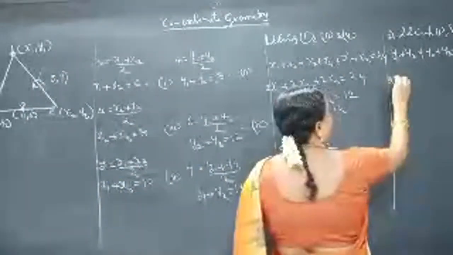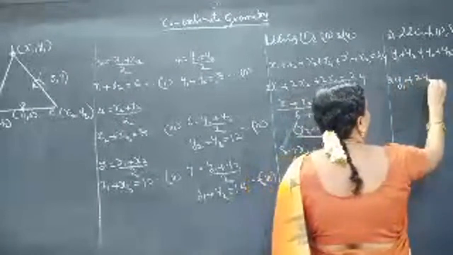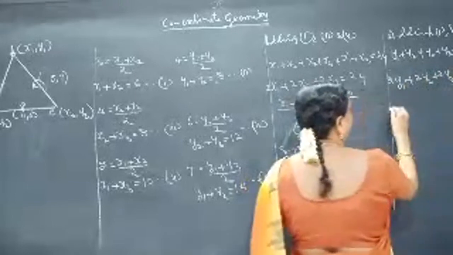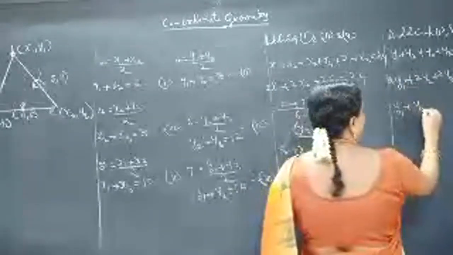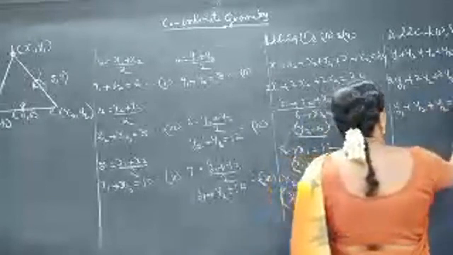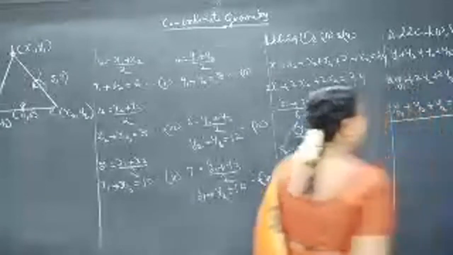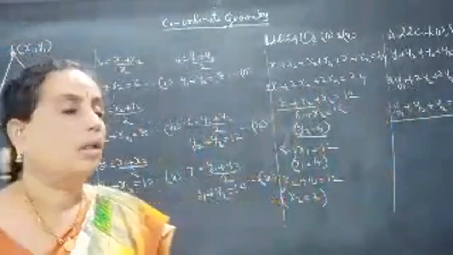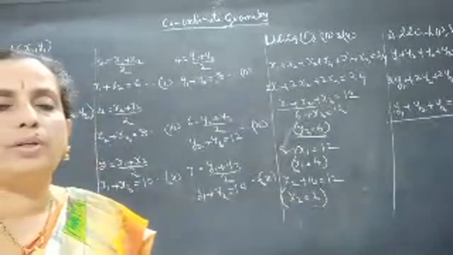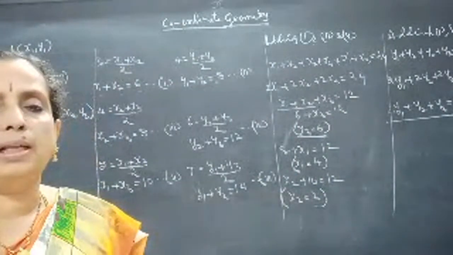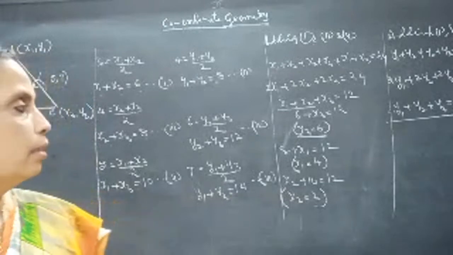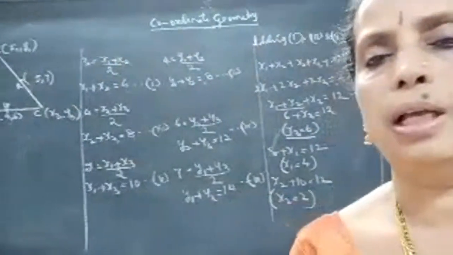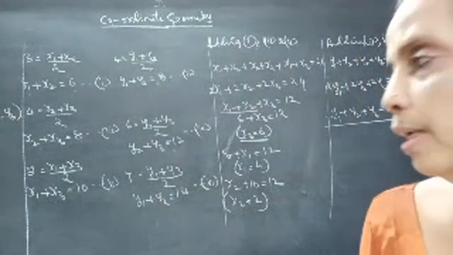You will get 2y1, 2y2, 2y3 equals 34. Therefore, y1 plus y2 plus y3 equals 17. So after getting this, you can find y1, y2, y3 separately, like how we got x1, x2, x3. I am not finding any disturbance here. Wait for a while, you will get the clear picture.